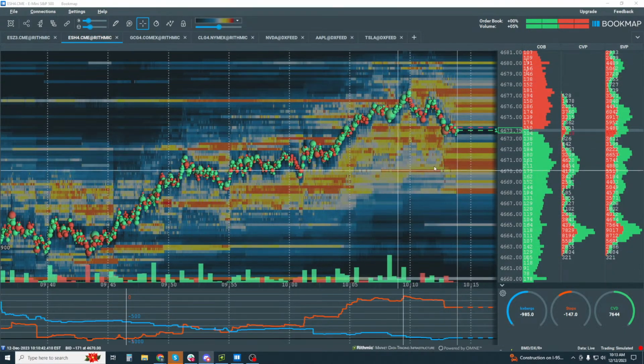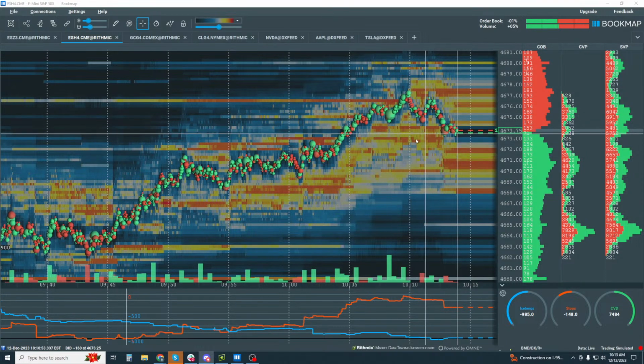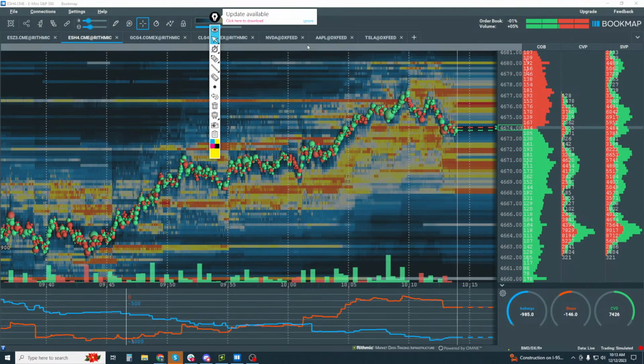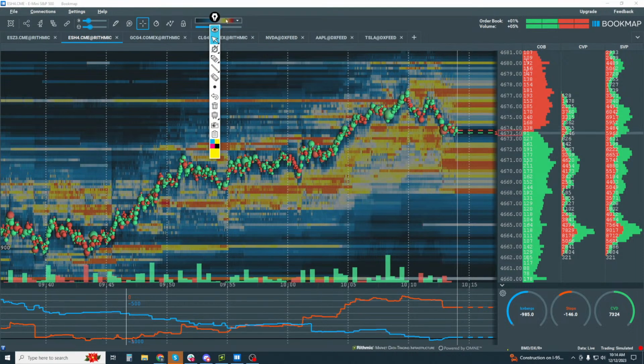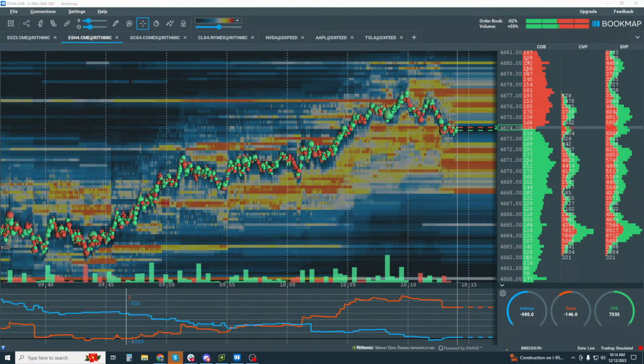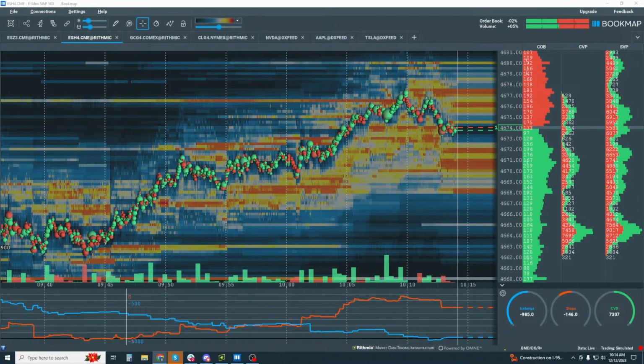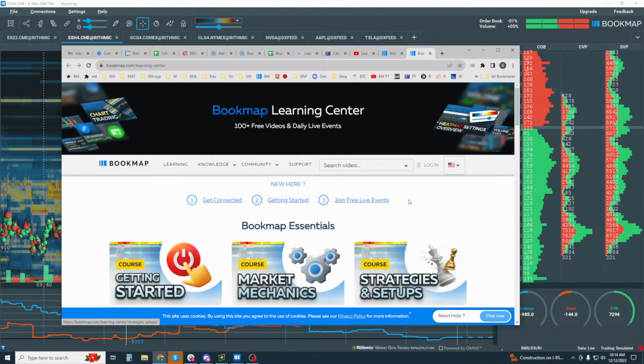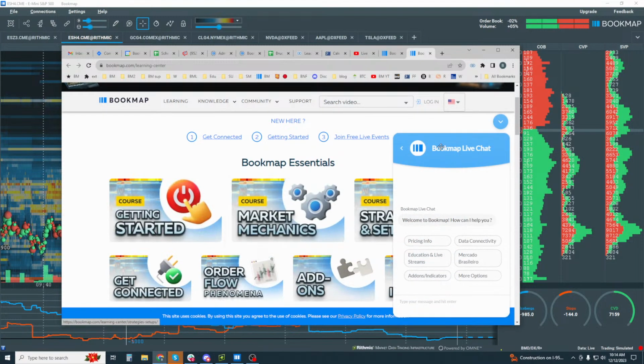All right, so anyway, the pattern that we cover in the education. Okay, let me just actually go to that here. Go to bookmap.com, go to the More button, go to Learning Center, and then you find these courses here.